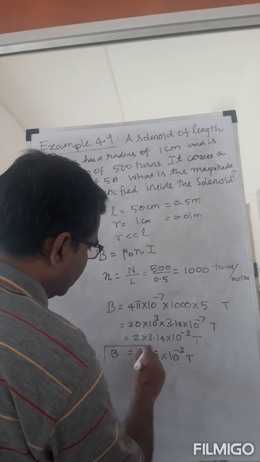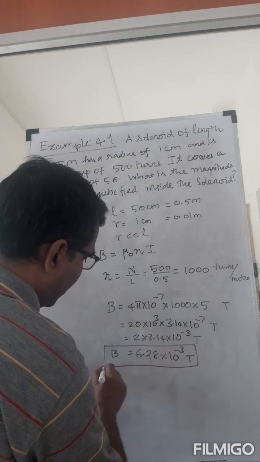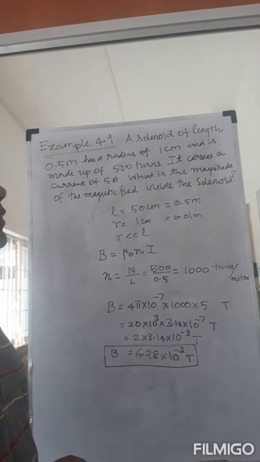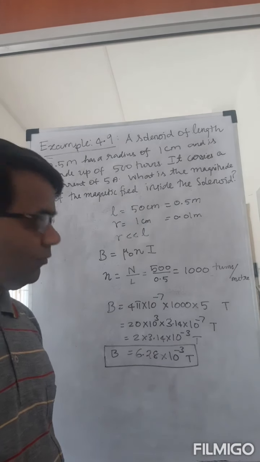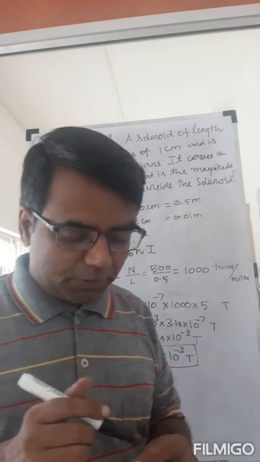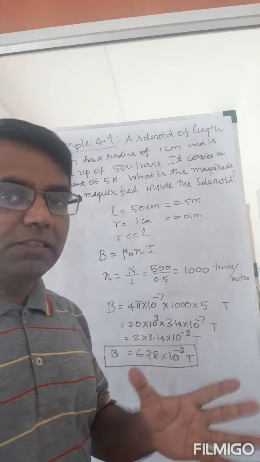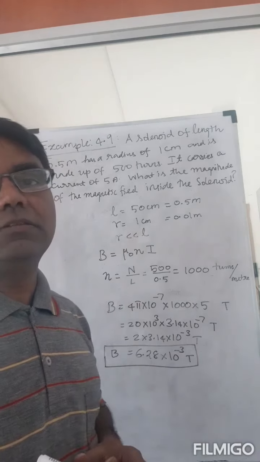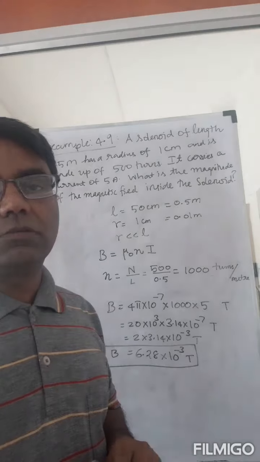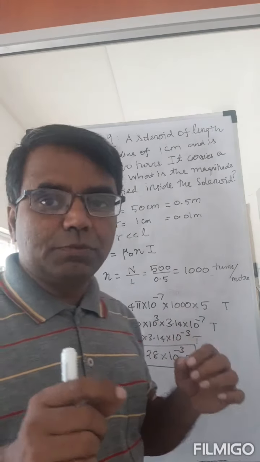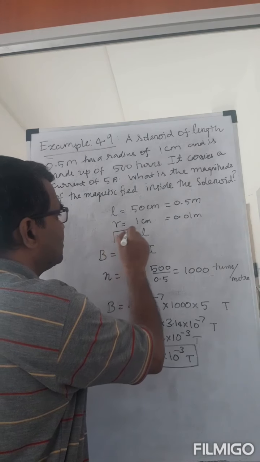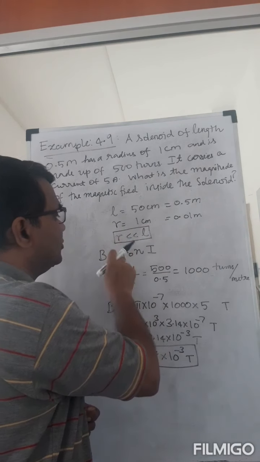So that is the field strength inside the solenoid. This is not a difficult problem, it's a very simple problem, a straightforward application of the formula and the numbers. The only thing that you need to pay attention to is that the radius is much smaller than the length. Then you can use this formula.